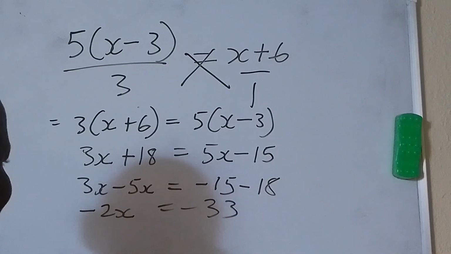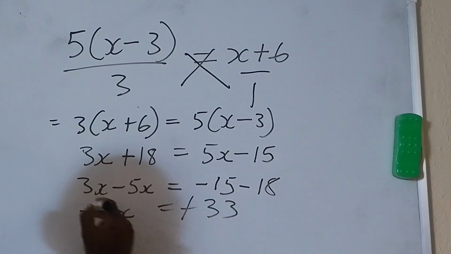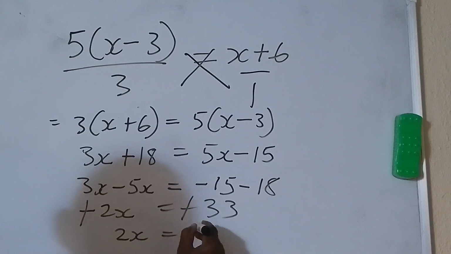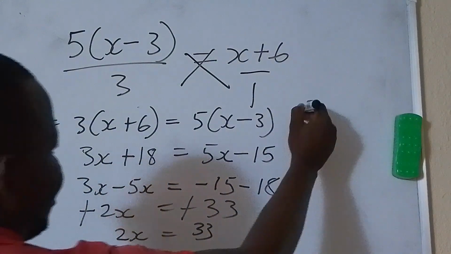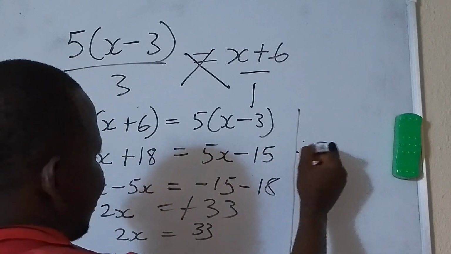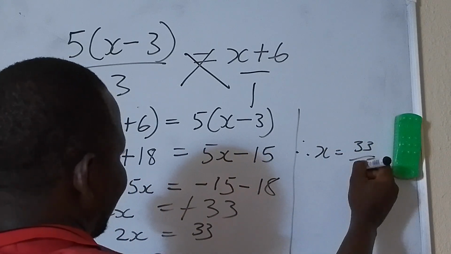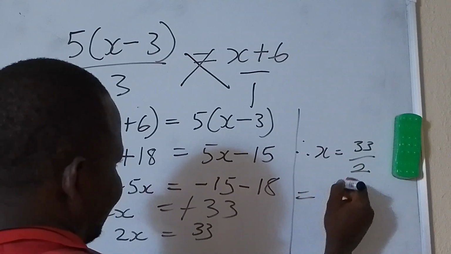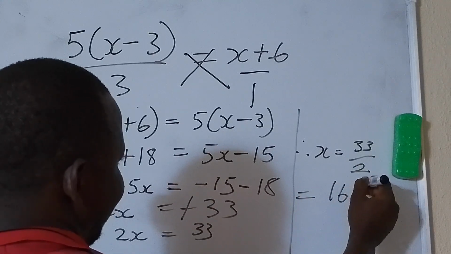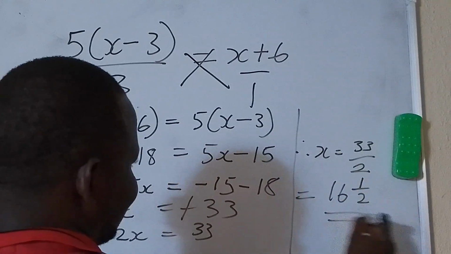Minus 33. Then you cancel the minus here. 2x will give you 33. Therefore, x will give you 33 over 2, which will give you 16 whole number 1 over 2.